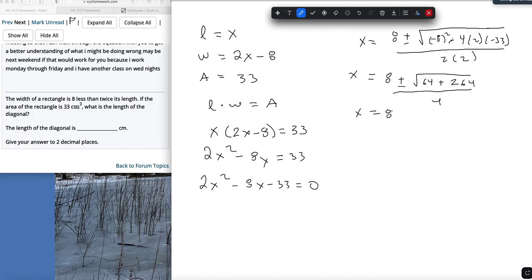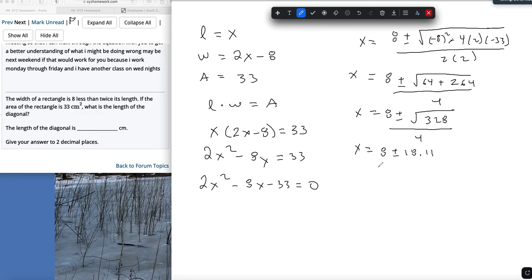So x equals 8 plus or minus the square root of 264 plus 64, which is 328, over 4. And the square root of 328 is 18.11.